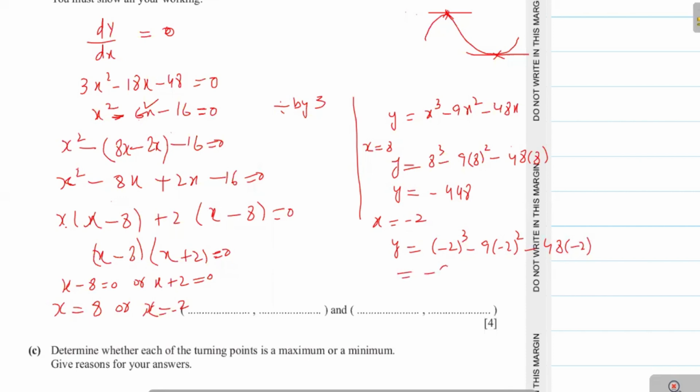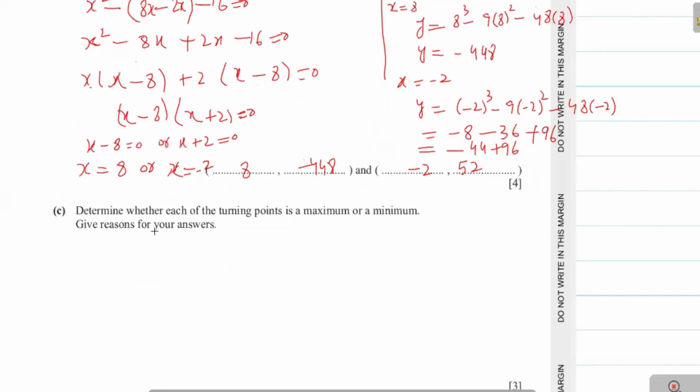This will be equal to minus 8 minus 36 plus 48 times 2, which is 96. We can write this as minus 44 plus 96 equal to 52. Therefore, for x equal to minus 2, y is 52, and for x equal to 8, y equals minus 448. And this is the answer.